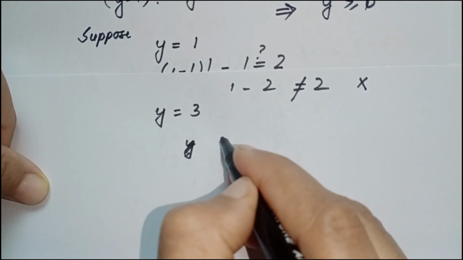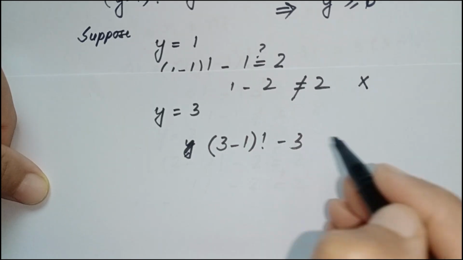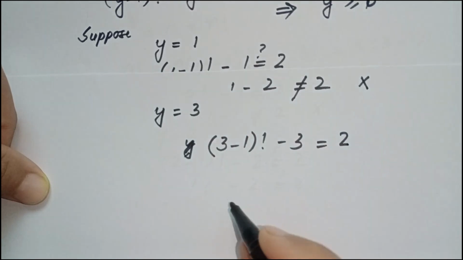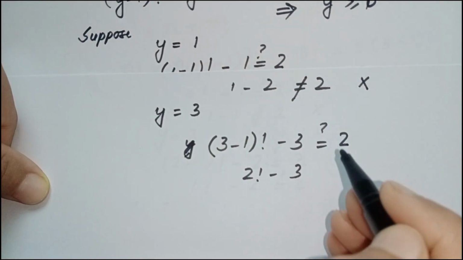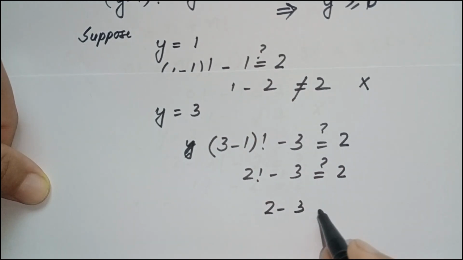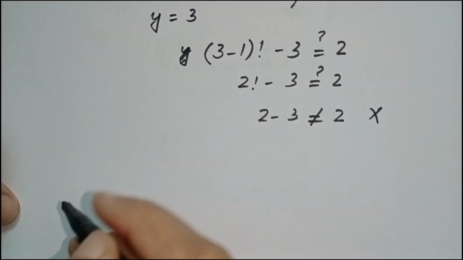So 3 minus 1 factorial minus 3 is equal to 2. So 3 minus 1 factorial is 2 factorial minus 3 is equal to 2. So 2 factorial is 2 minus 3 is equal to 2. So 2 minus 3 is not equal to 2. So we will not consider this case.